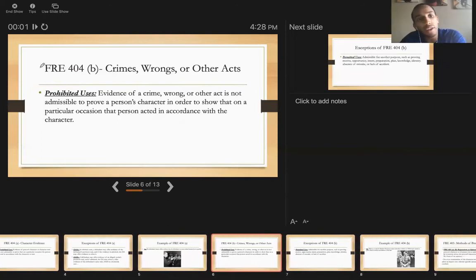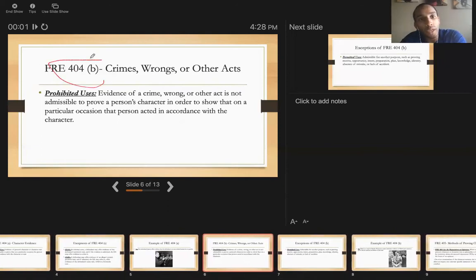So let's finally get into 404(b), crimes, wrongs, and other acts, which basically breaks down into this general rule right here. Evidence of a crime, a wrong, or an other act is usually not admissible to prove a person's character in order to show that on a particular occasion, that person acted in accordance with that character or trait.